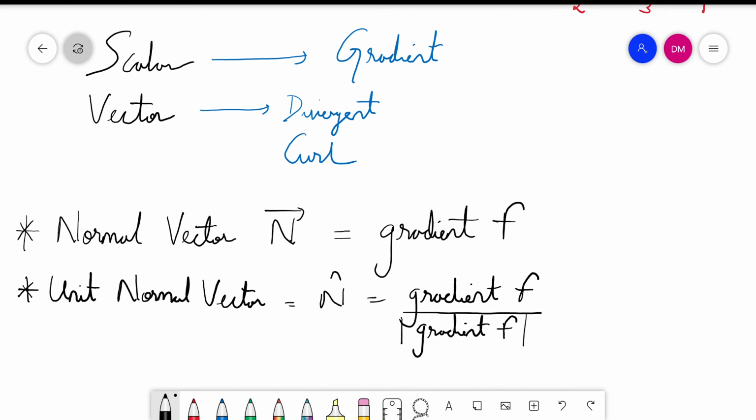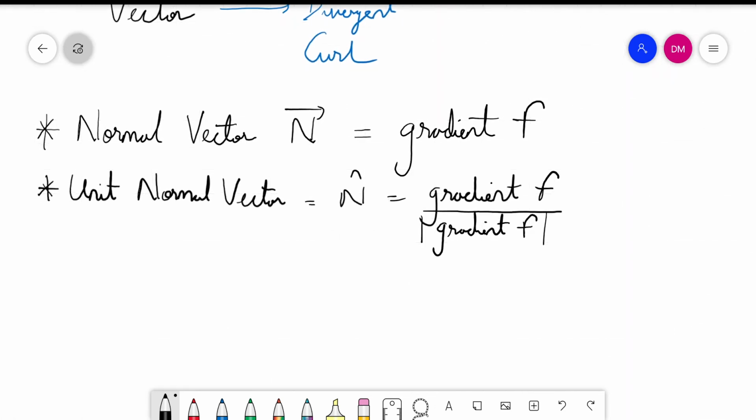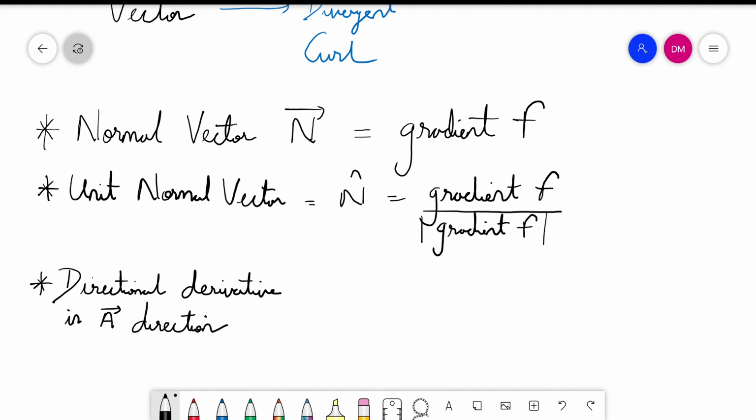Then at last we must know about the directional derivative in a vector direction, that can be written as the gradient of f into a cap.